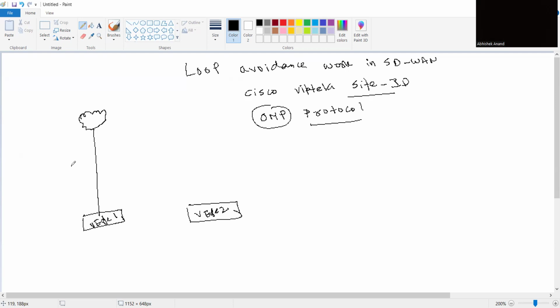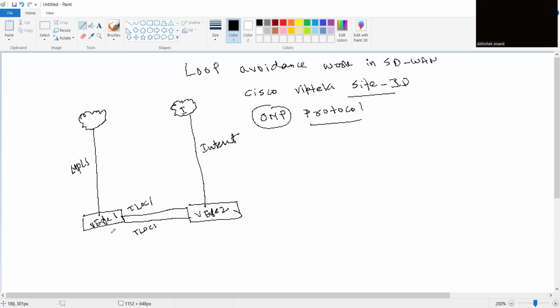One is your MPLS, one is your internet, right? There are two TLOCs, TLOC 1 and TLOC 2. One will be used for MPLS, one will be used for internet.